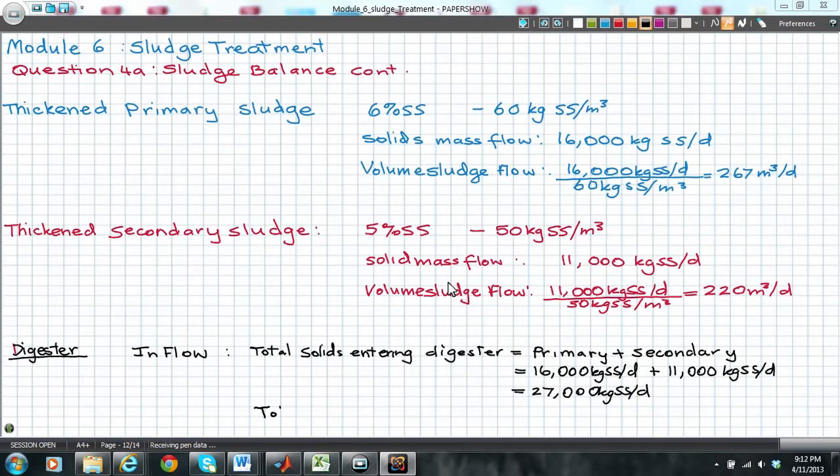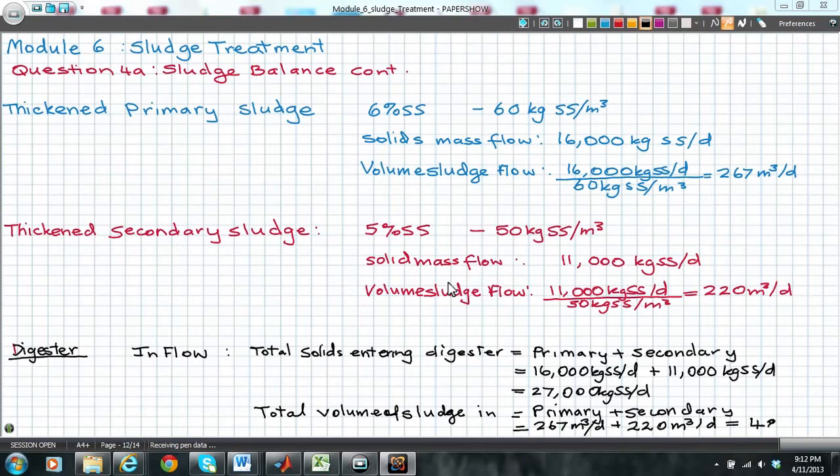Next we need the total volume, which is the summation of the primary sludge and the secondary sludge, which the thickened primary sludge was 267 cubic meters per day, and the thickened secondary sludge entering the digester was 220 cubic meters per day, which gives us a total volume entering the digester per day of 487 cubic meters per day.